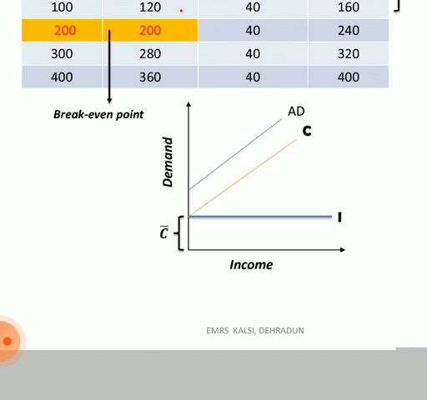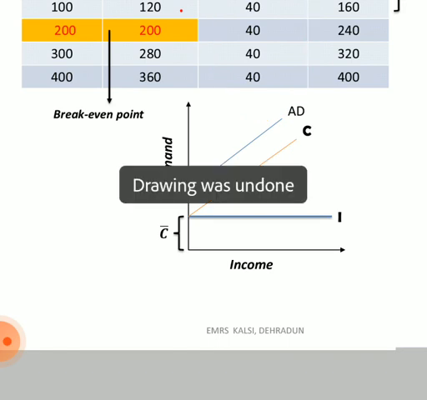But here we are investing like the fees you are paying for your school, the house rent which you are paying, so that is investment. The school fees and rent is investment, so that investment is for survival, not for making profit. So the investment which is for survival and not for profit motive, that investment is called autonomous investment.